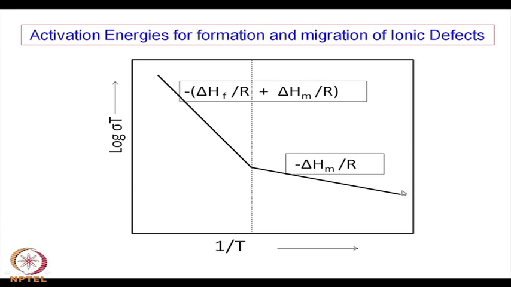At this temperature it may be the impurity effect which becomes predominant, which we have seen earlier in impurity controlled semiconductors also. So, same thing can happen. If you have already introduced some defect by solid solution effect or impurity effect, then those active sites, active charge carriers will migrate at the low temperature, and the only energy to be supplied is delta H m.